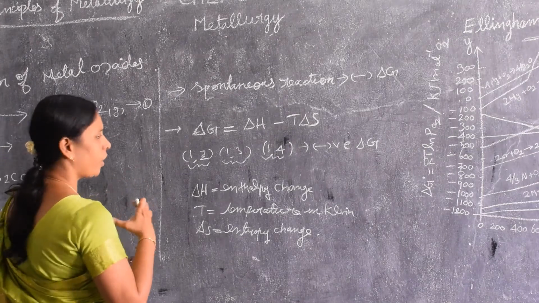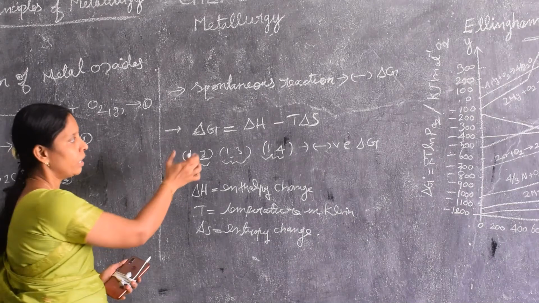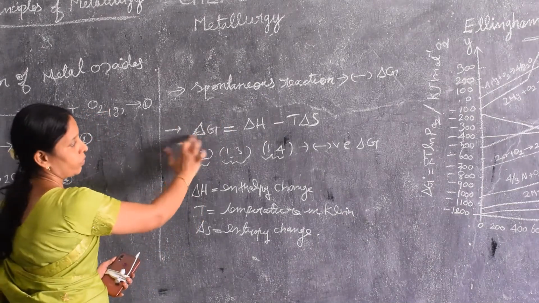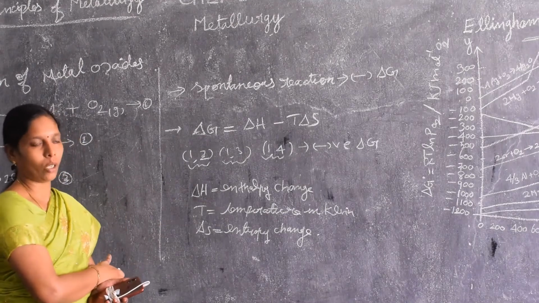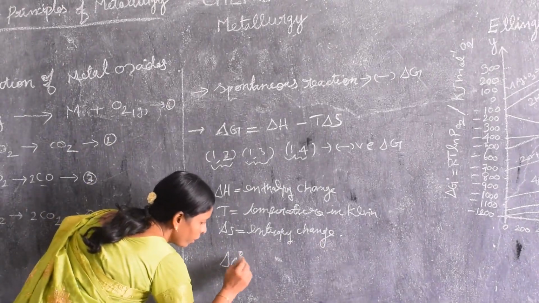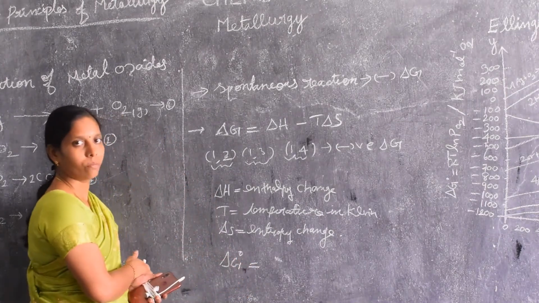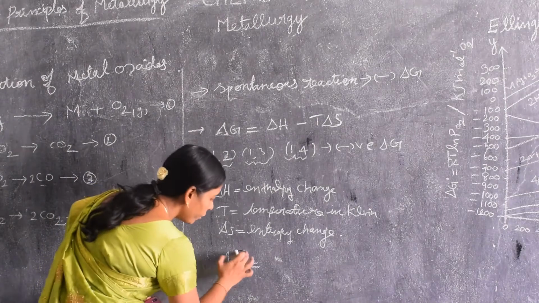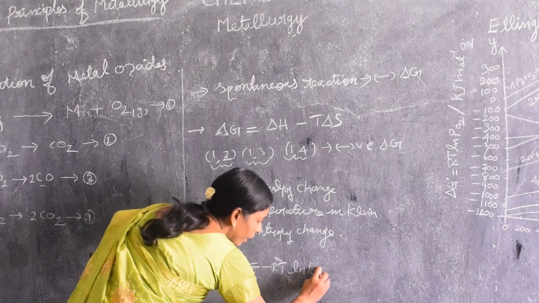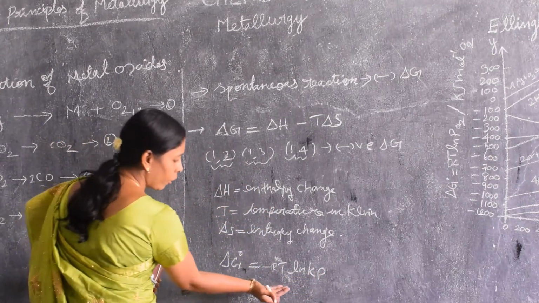For equilibrium processes, delta G naught can be calculated by using the equilibrium constant value. Delta G naught equal to minus RT ln Kp, where Kp is the equilibrium constant.